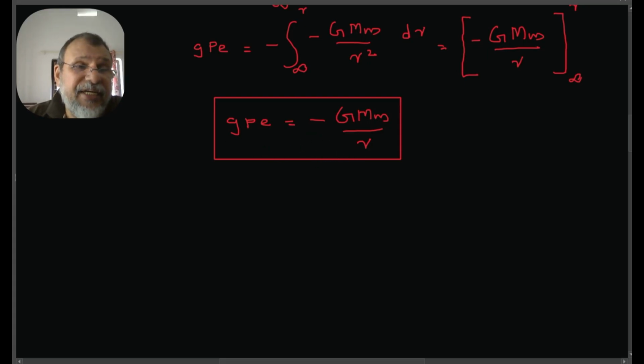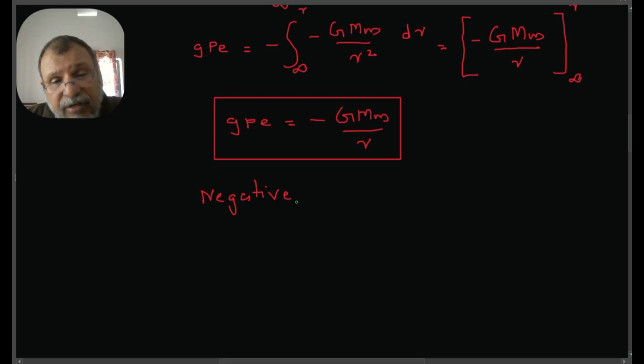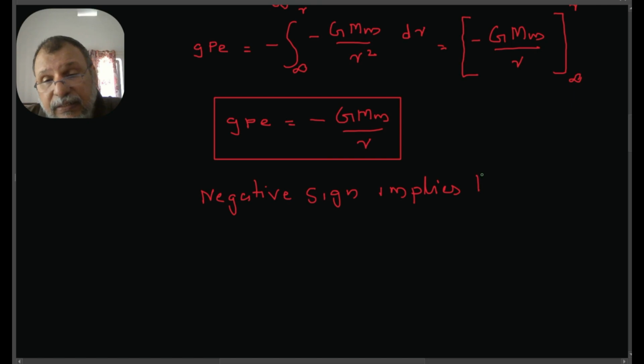And obviously, what does the negative sign imply? The negative sign implies that the two body system is a bound state.